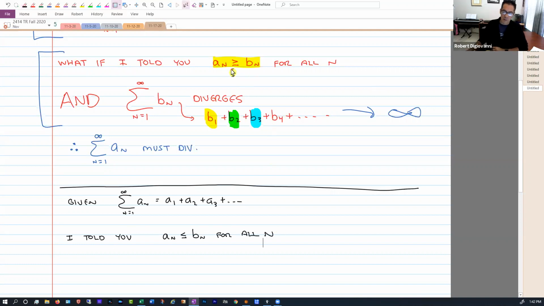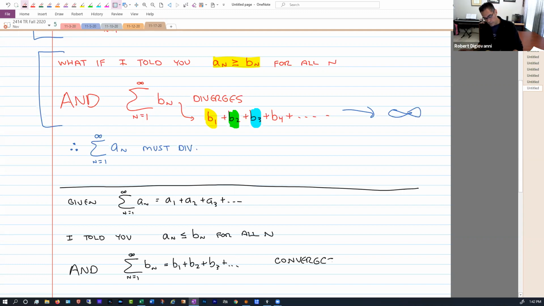See, so that's this inequality flipped over, right? And I told you that this sum converged. What could you tell me?